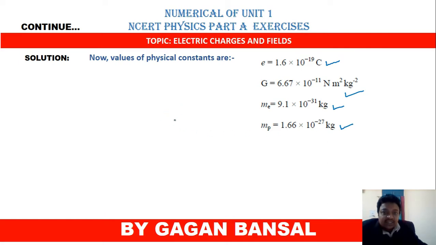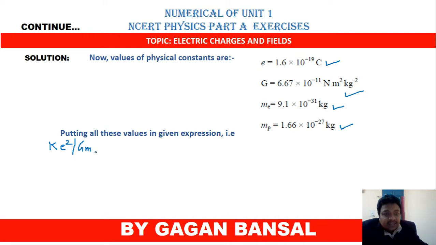Now putting all these values in our given expression, K e square upon G Me Mp.